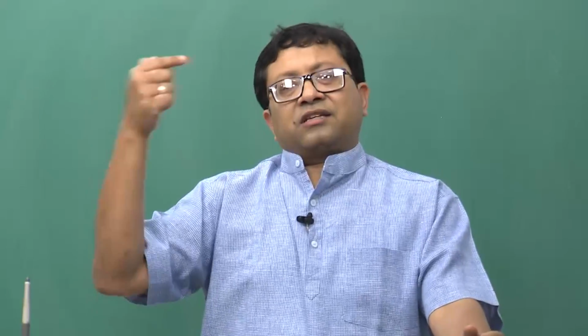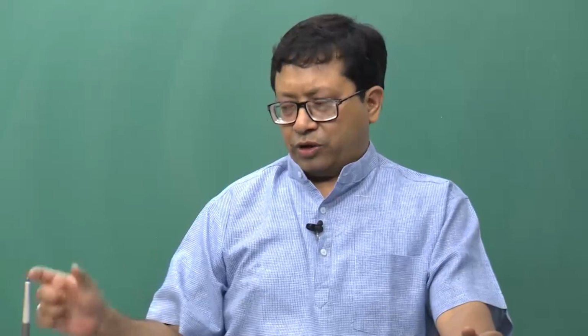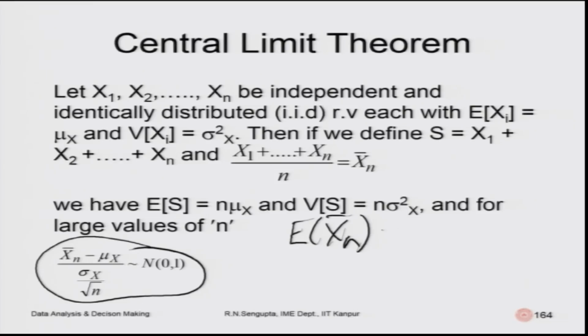So, in this case, mu remains mu and the variance was sigma square by n. So, the standard deviation would be sigma divided by square root n. So, that would basically be a standard normal deviate, because we know the expected value of x n bar, the bar being the average, is mu, and the variance is given by sigma square by n. So, taking the square root would give you the corresponding thing. I will come to those results later in more detail.